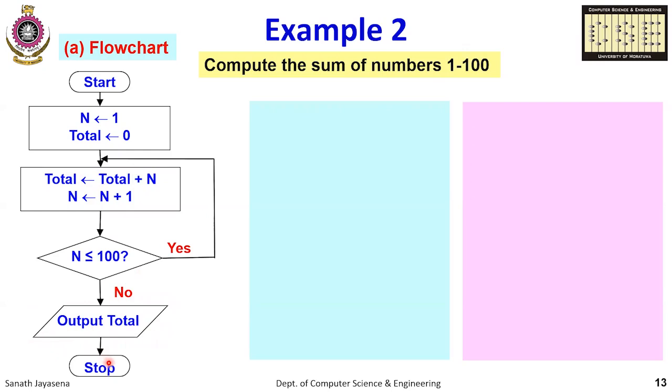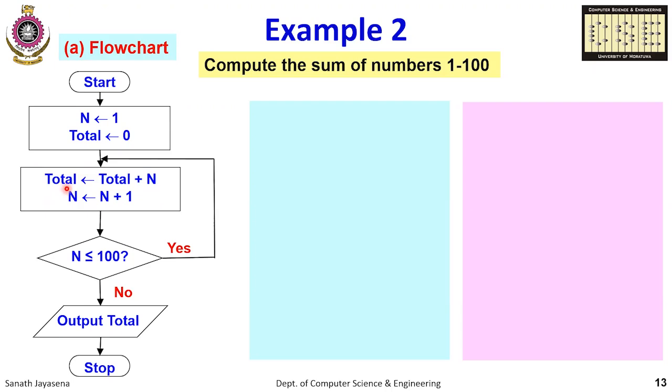And after that, stop. This kind of thing we call a loop or iteration. You keep doing the same kind of computation over and over again. In this case, 100 times we go around. We increment n, starting with 1 up to 100, and that n value is added to total, and total is updated.